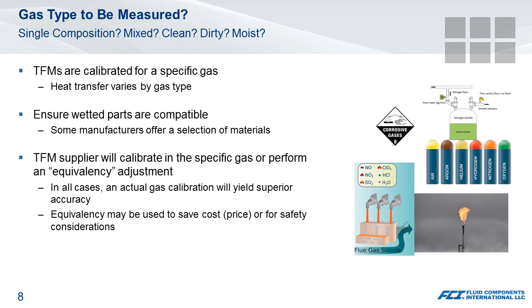So in those hazardous gases, an equivalency could be done. But if you can get an actual gas calibration, that will always yield superior accuracy. And if you have a mixed gas calibration, every manufacturer is going to ask you the percentage of the composition, what the components are and in what percentage.